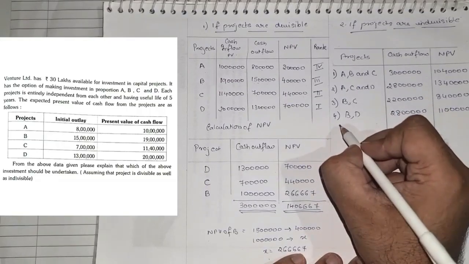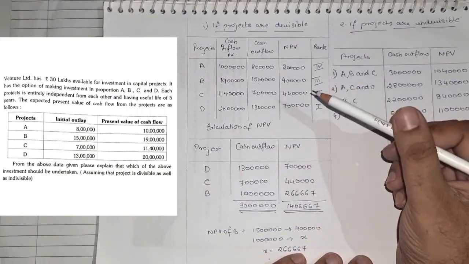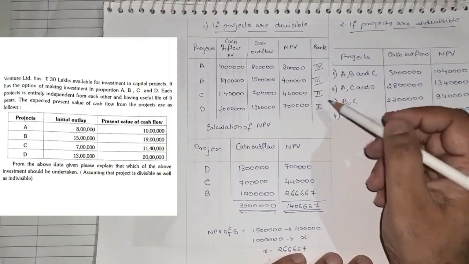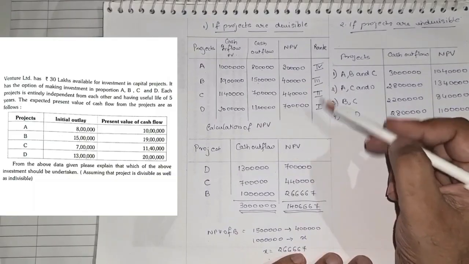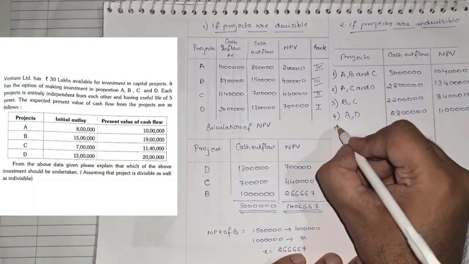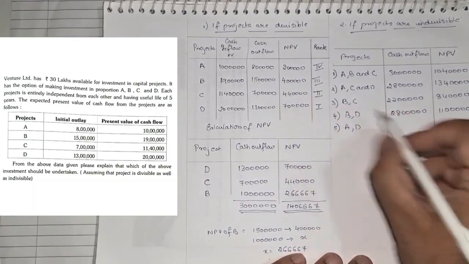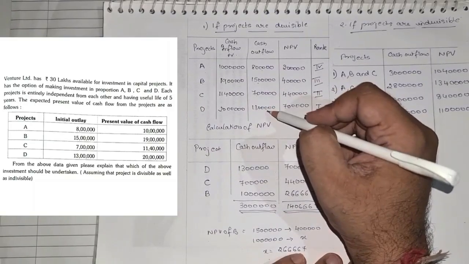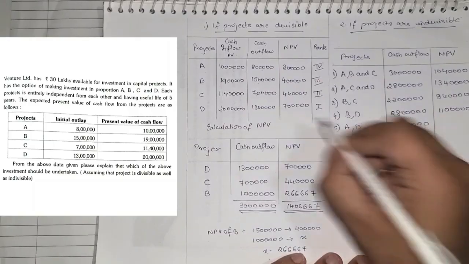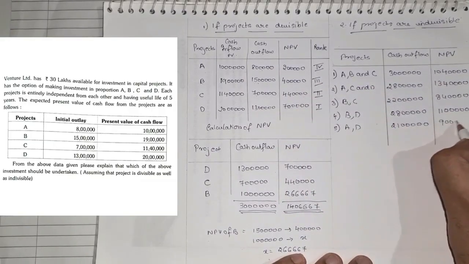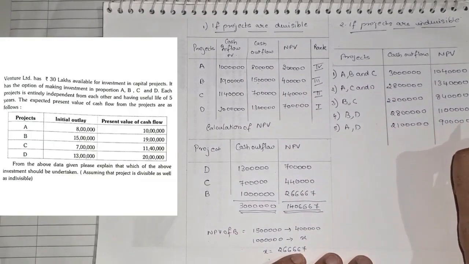Okay, if there are any other suggestions, let's say I have taken A, C and D, I have taken A, B, C, and B, C, D cannot be taken because it goes beyond. Let's say I take one last one, A and D, so we have 13 and 8 lakhs, that will give you 21 lakhs, and 7 plus 2, 9 lakh will be my NPV.